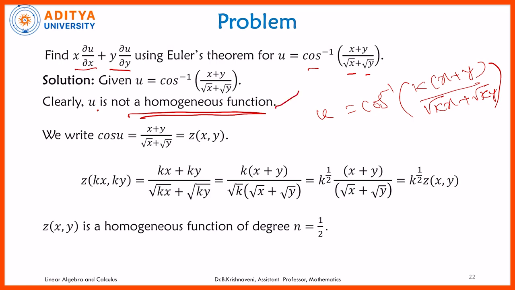So now let us rewrite that as cos u = (x + y)/(√x + √y). Let us take the function to be z(x, y).